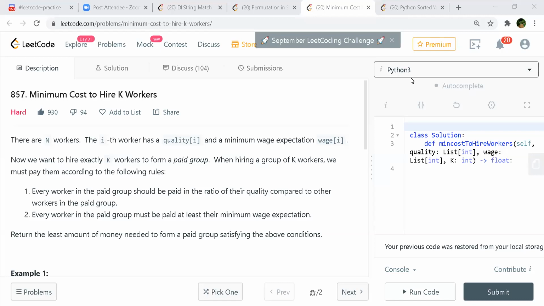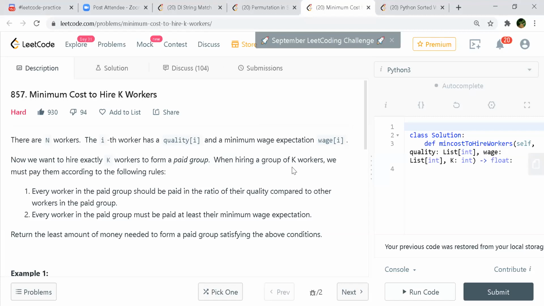Yes. Okay. So the first question is the minimum cost required to hire K workers. N workers are given, and the quality of each worker is given in an array quality[i], and their minimum wage expectation is in the wage array. We are supposed to hire exactly K workers to form a paid group, and we must pay them according to the rules.